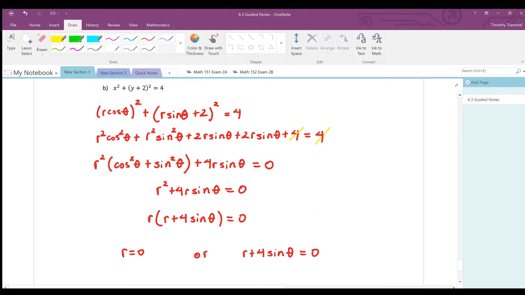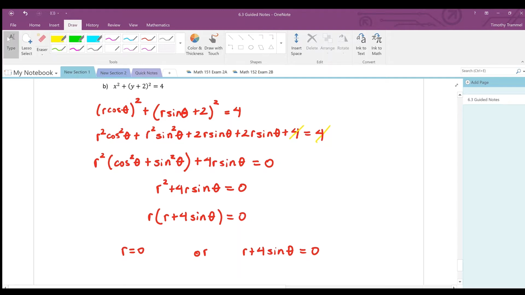Well, let's think about if these both make sense or not. r equals 0 is just a single point. That's the origin. It doesn't matter what angle you pick to go with r equals 0, we're at the origin. So this isn't it, unless the only points that satisfy this are (0, 0). But they're not. There are other points that satisfy this.